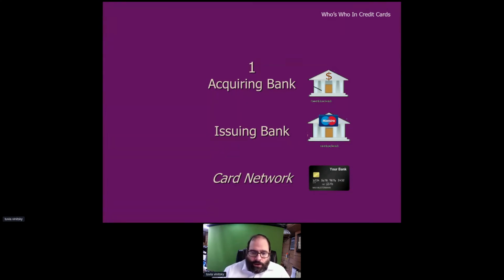So when the banks communicate about a MasterCard, they have to do it only on the MasterCard network. And when they communicate about a Visa, they have to do it only on the Visa network. So each card network maintains its own card network to send information back and forth. It's a little bit confusing because the same term is used for both things, but think of it as a card network owns a card network.